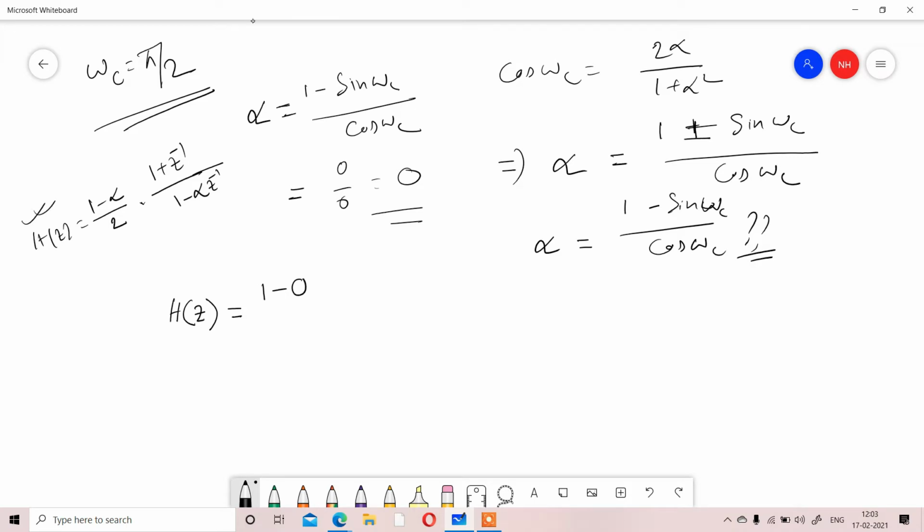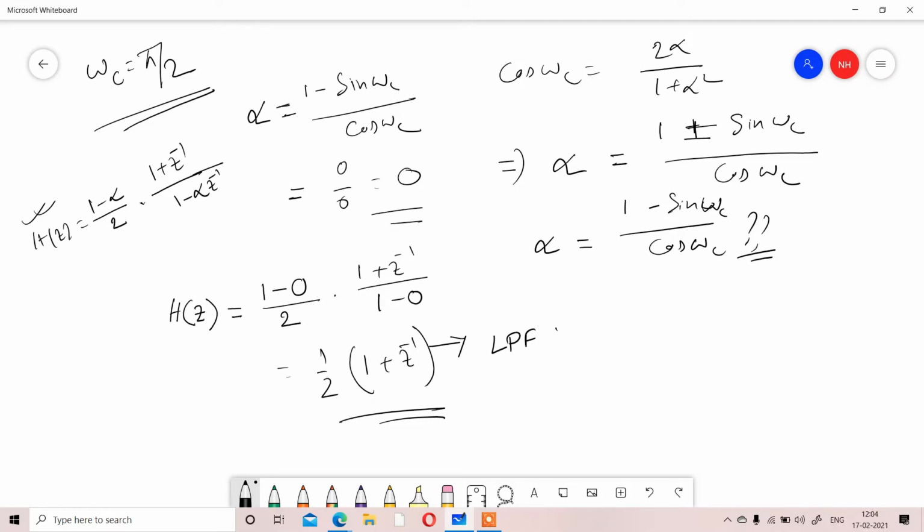So here if we consider alpha equal to 0, so 1 minus 0 by 2 into 1 plus z to the power minus 1 by 1 minus 0, because alpha equal to 0. So half of 1 plus z to the power minus 1 means what? If we recall the previous class, you can see this is a low pass filter which is FIR. It's a FIR low pass filter.